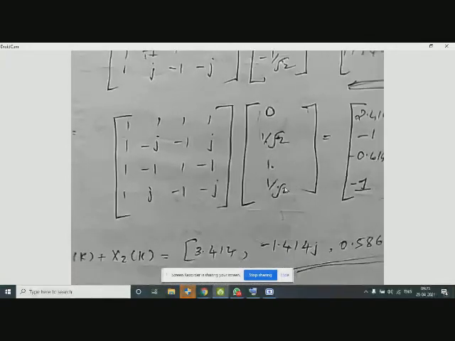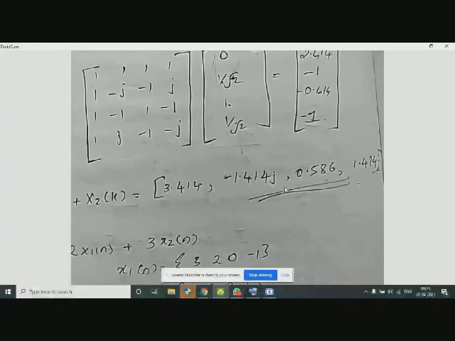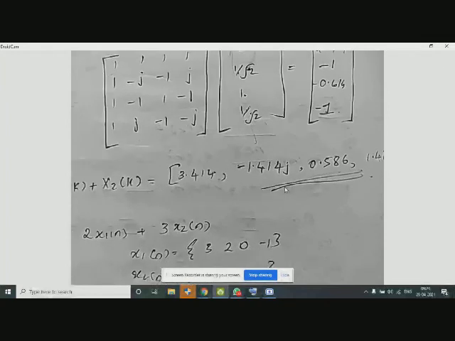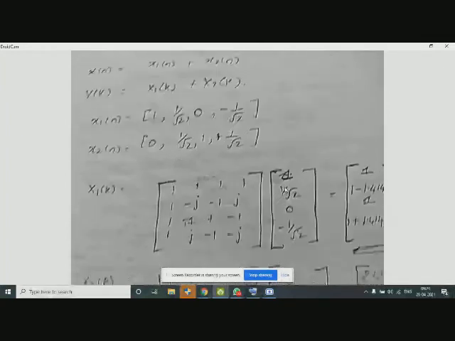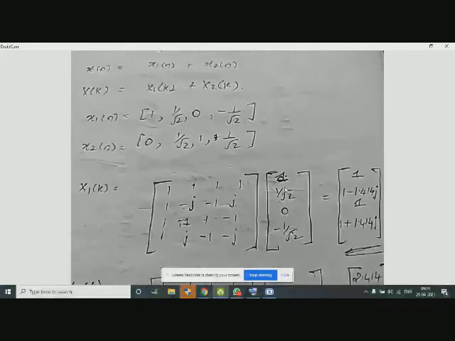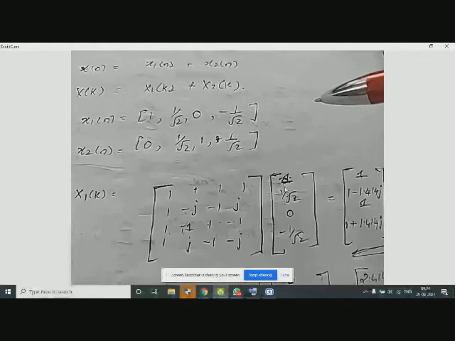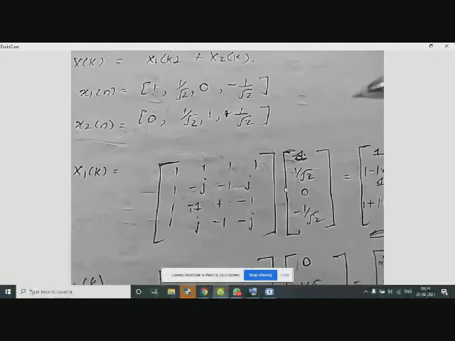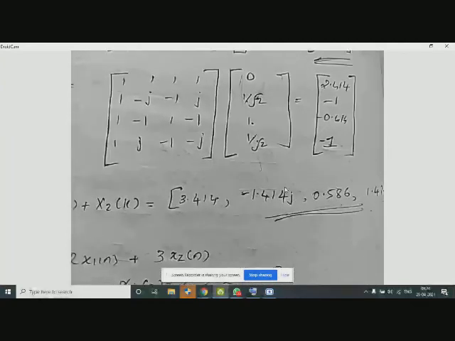So what I am speaking about is when there is an imaginary term in the answer, then what happens? The sequence that you have is real. This is a real valued sequence, right? See these numbers: 1 by root 2 means 0.707. So it's a p by q form, it's a real sequence. But the DFT is imaginary in nature.